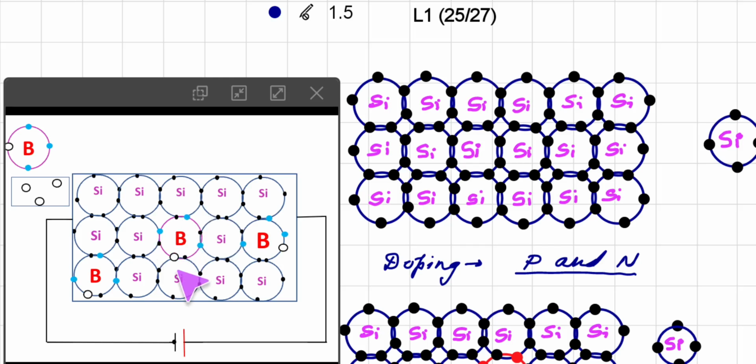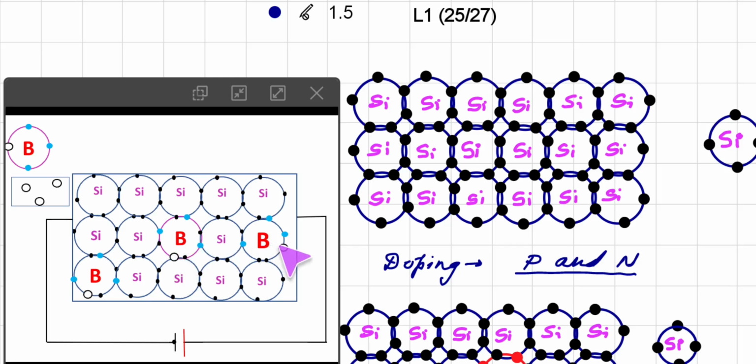But as boron only has 3 electrons, this space is empty, that is called a hole, that means it can accept an electron. So this way, by implanting one boron atom, we can say one hole is generated.